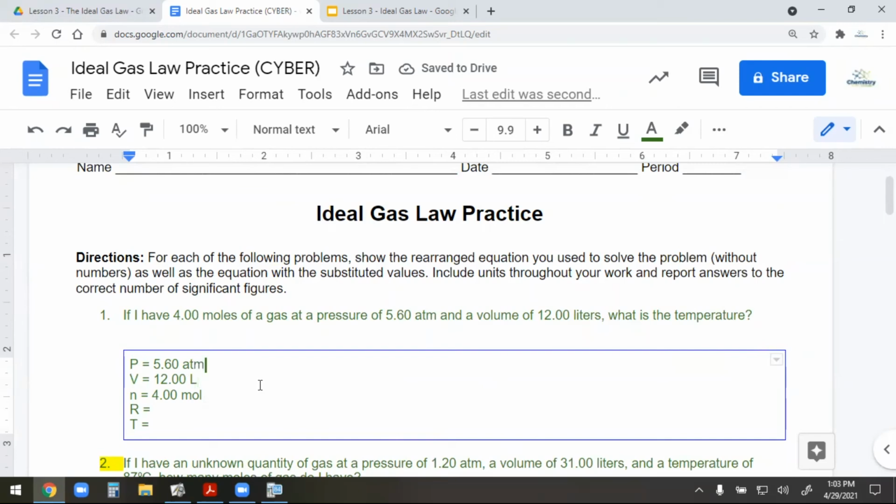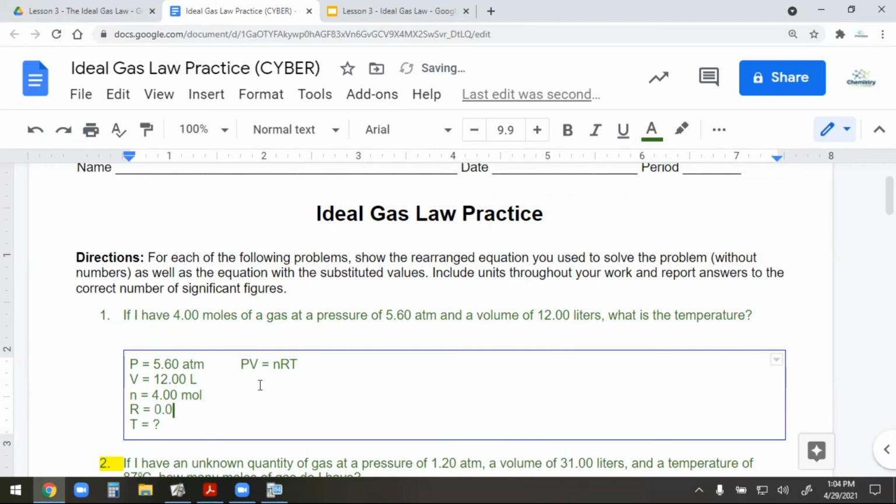So we're going to start off using the full equation, PV equals nRT. But again, we don't want to solve for pressure or volume in this case. We're trying to solve for temperature. So temperature is my unknown.